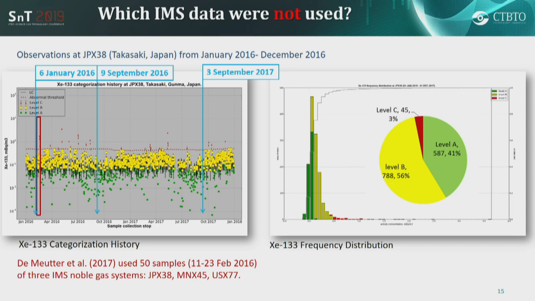But what about the 56% of samples that may contain traces of a nuclear test release, a late or early nuclear test release, but were not or not easily identified?